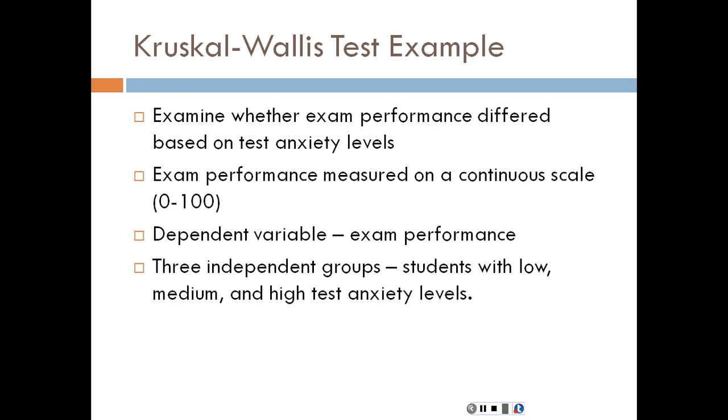So we would have our 3 independent groups: students with low anxiety levels, medium anxiety levels, and high anxiety levels. And we're going to see if their exam performance would be different. Our dependent variable would be exam performance, because that's our outcome variable, the variable that's getting influenced. And our 3 independent groups would be low, medium, and high anxiety levels.